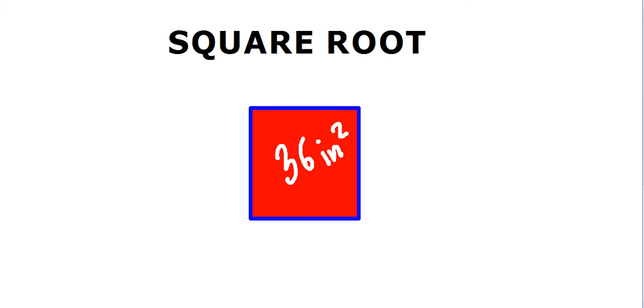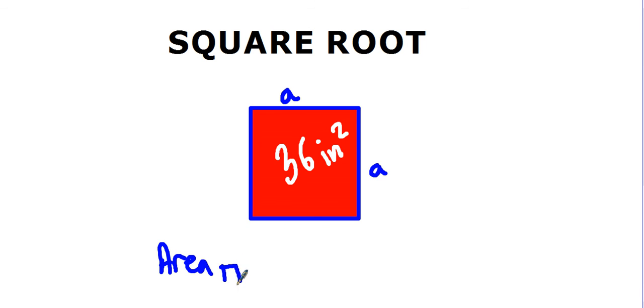Now you know that a square is a figure where all four sides are the same, and to get the area of the square you multiply this side, the blue side, by the blue side. So let's give this side the letter A, and let's call this other side also A because they're all the same sides.